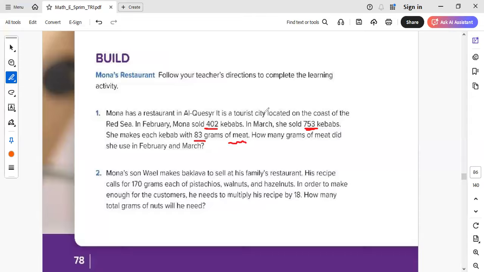Okay, to solve this problem, at first we have to find what she used in the 2 months, what she used in February, then what she used in March.